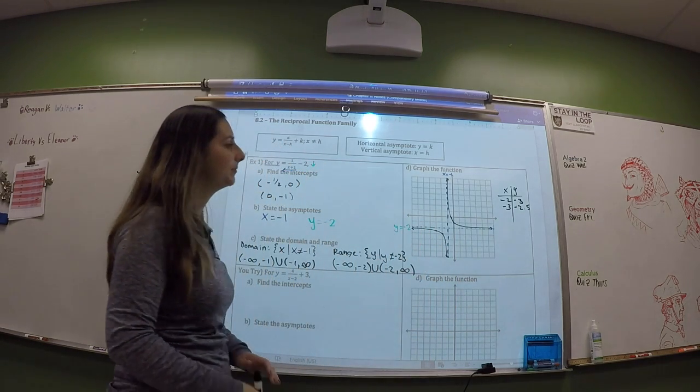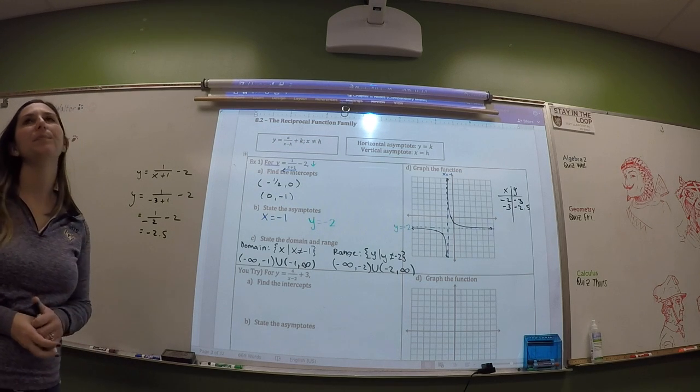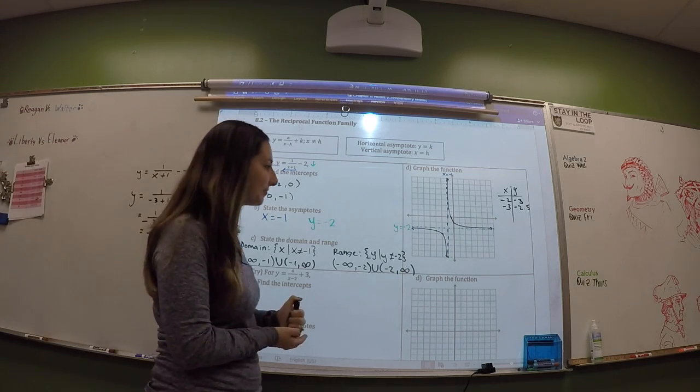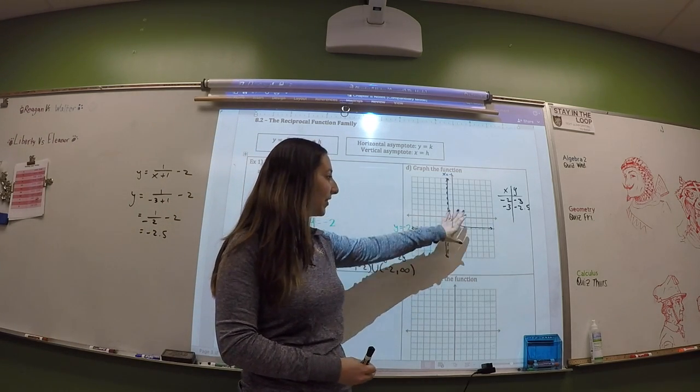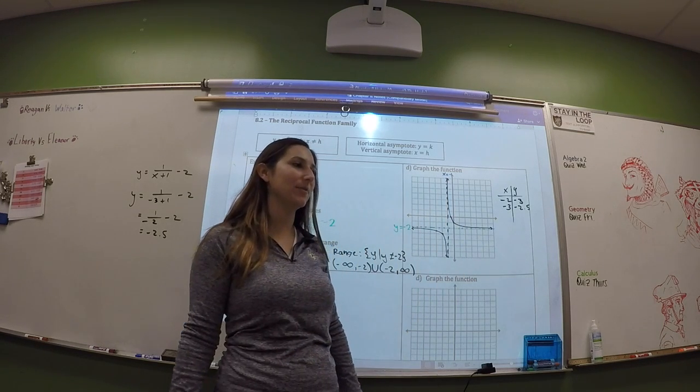It's pretty much the same thing. It's like the reciprocal. It is the mirror image of that reflected across both of these asymptotes.